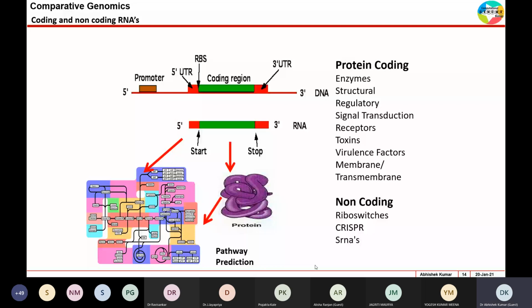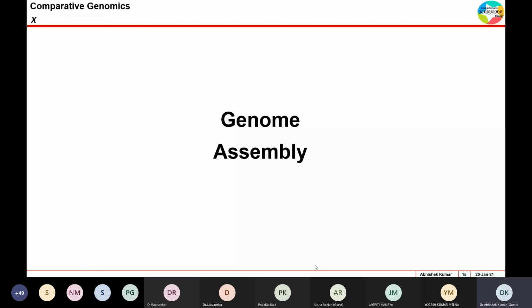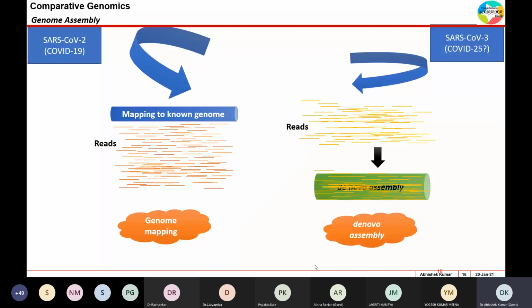Then I just briefly explained what genome assembly is. Let me show you some of the genome assembly and genomics technology. You all are hearing about genome assembly. Suppose the human genome is known, and the coronavirus 2 genome is known now.